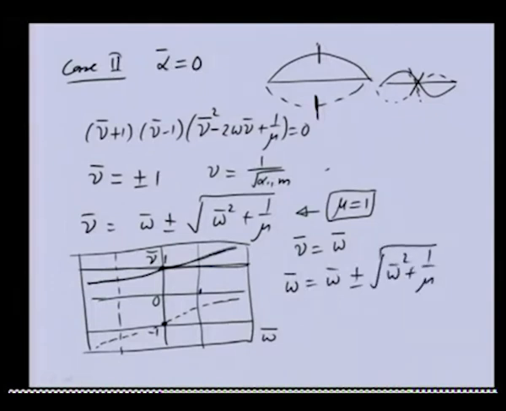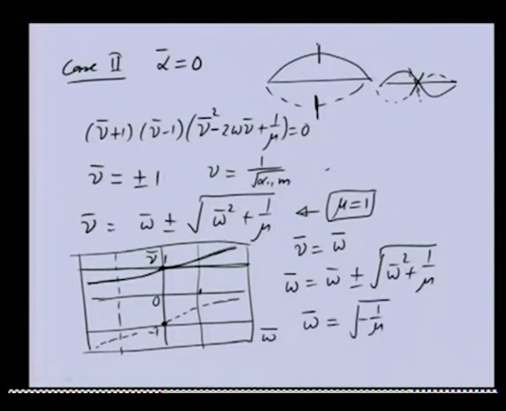And if we solve for omega, we can get the critical speed. We will see that one of the critical speeds will be minus 1 by mu.